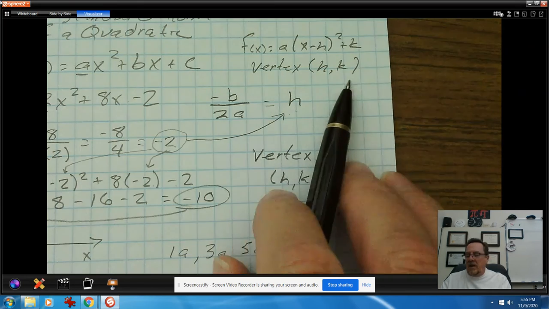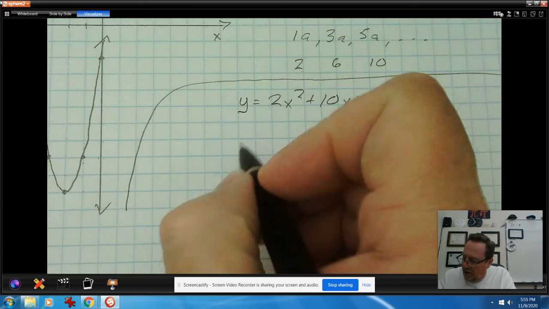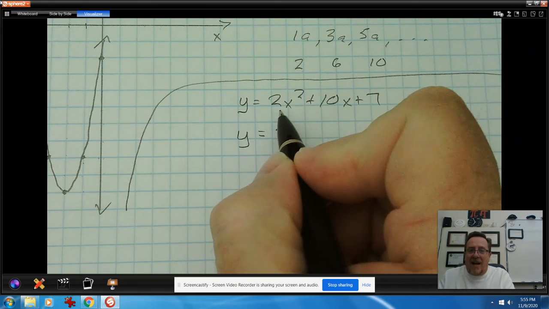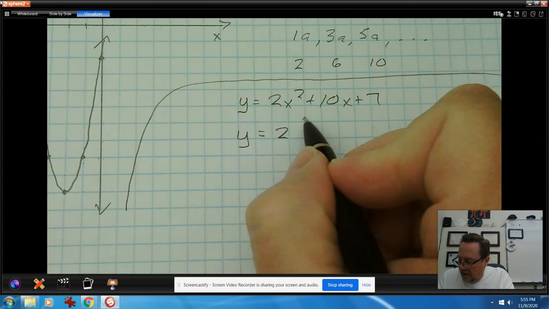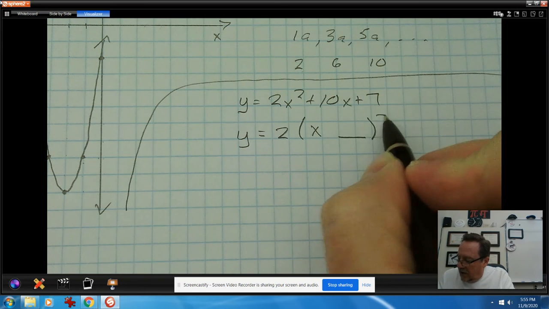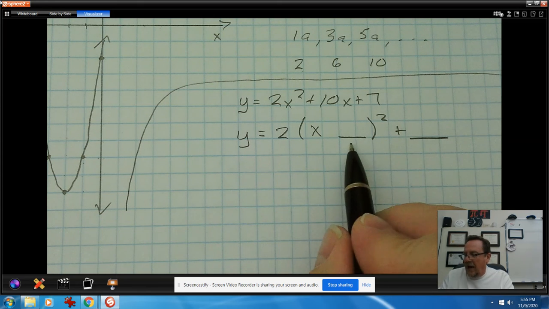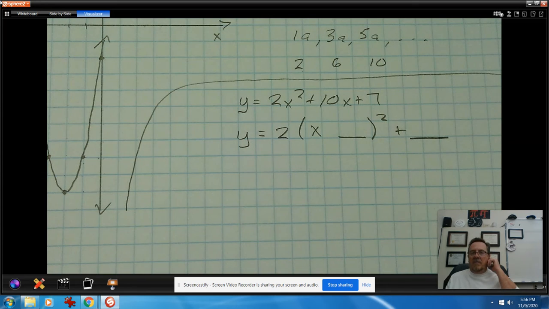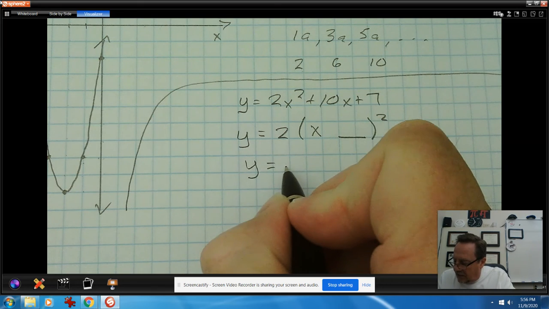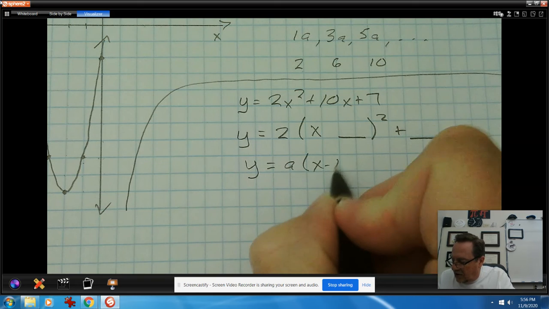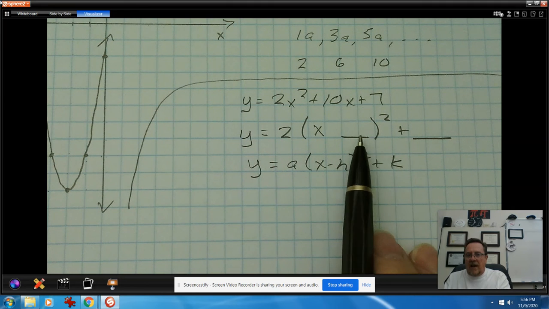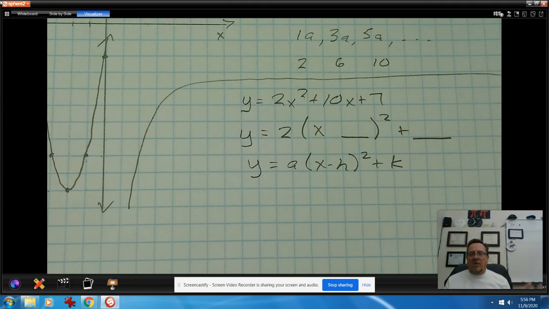Well, all we really need to know is h and k, because I'm going to write y is equal to 2, because that's a, times x, and I'm going to put a blank here, squared plus blank. If I knew h and k, I'd be in vertex form, because vertex form is y is equal to a times x minus h, quantity squared, plus k. All I have to do is figure out what h is and what k is, and I'm golden.